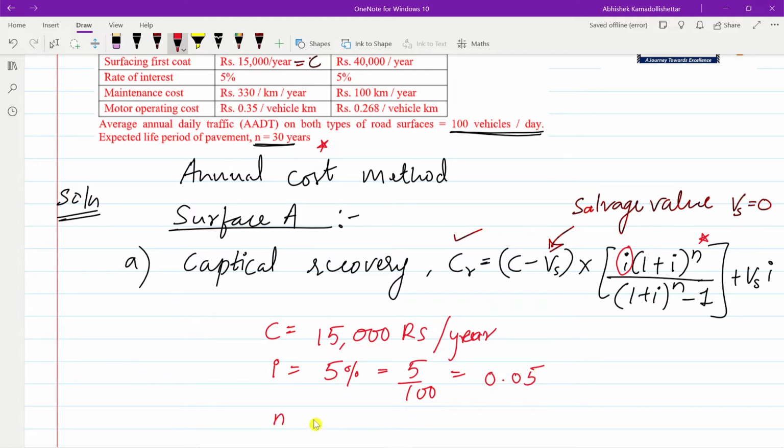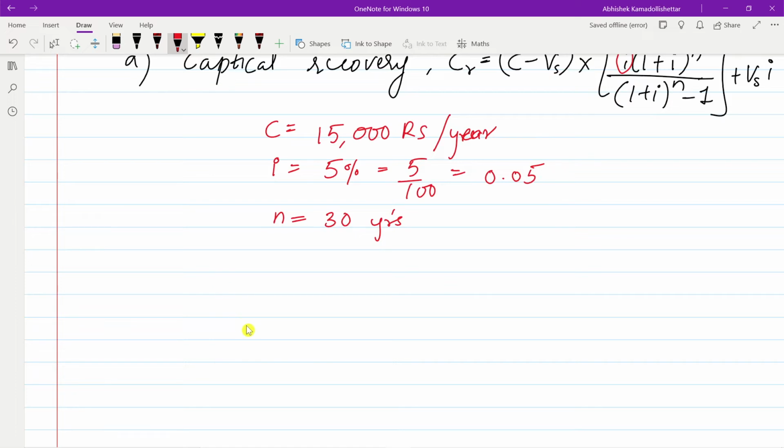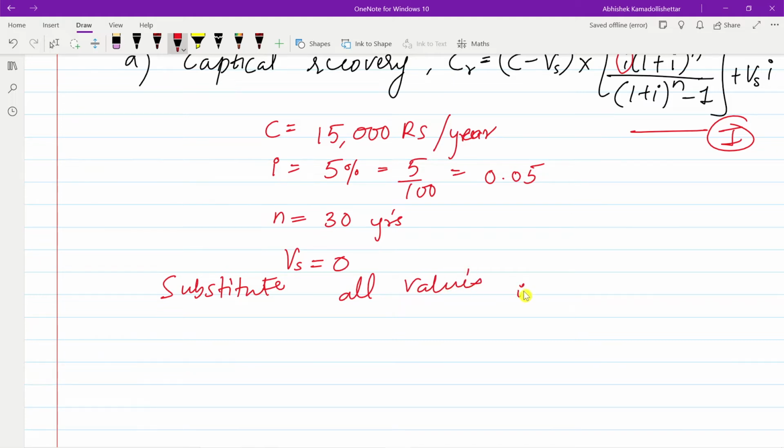And N, the expected life, is 30 years. Now Vs is 0, which is very important, because the salvage value is 0. So let's substitute all values in equation 1.